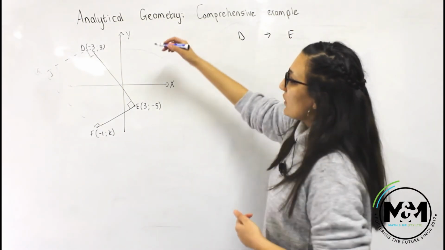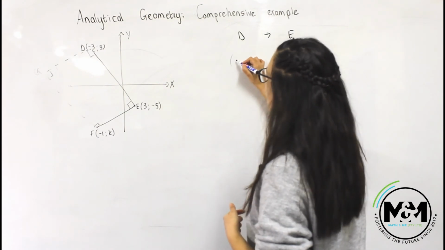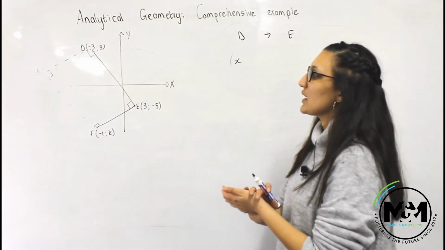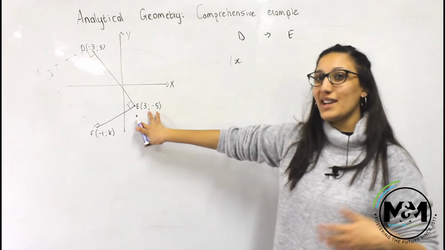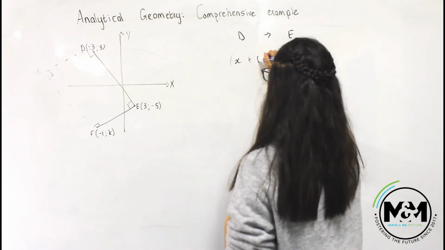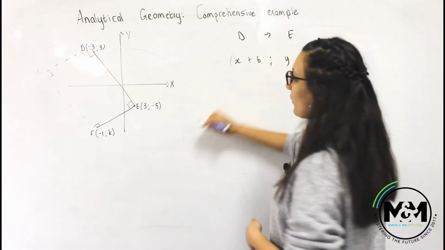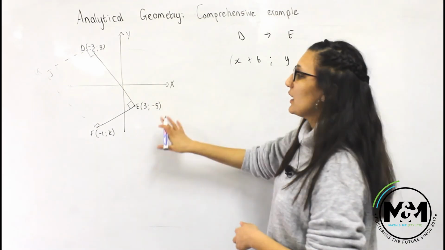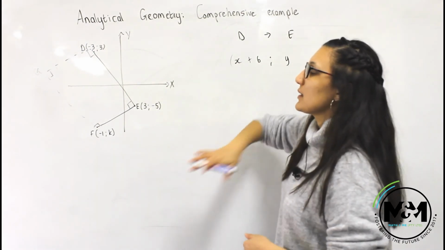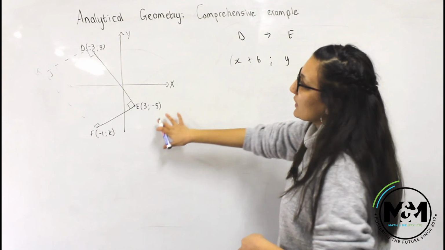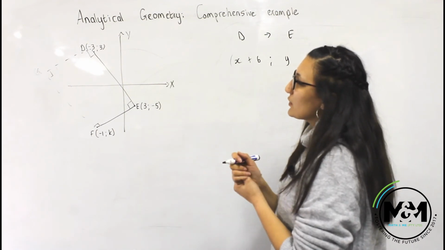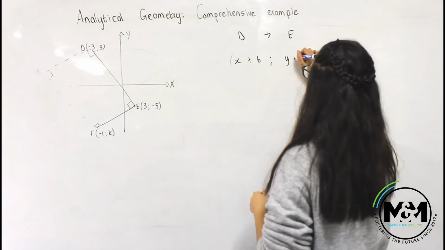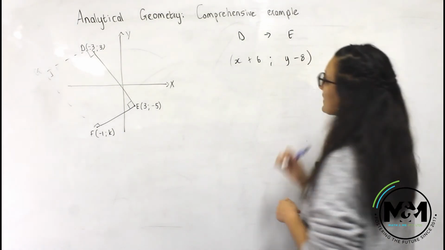Now, to get from the x of D, which is negative 3, to 3, we're going to add 6, so I'm going to say x plus 6. Then my y, going from 3 to negative 5, I need to minus 8. Okay, and that's my translation.